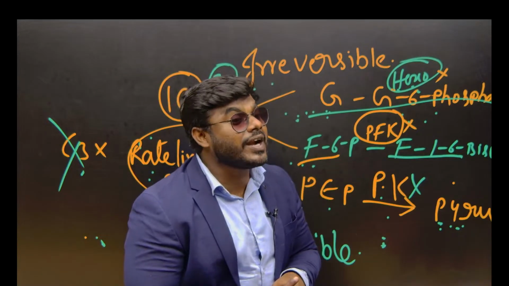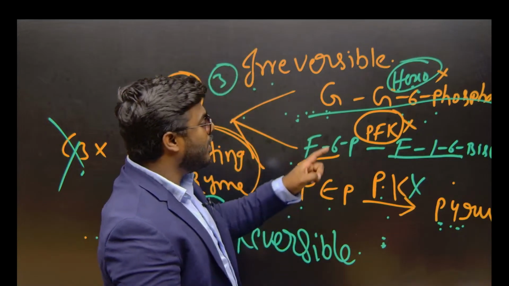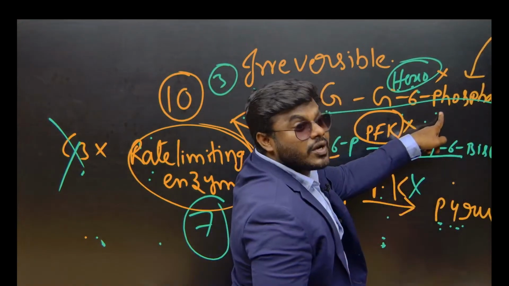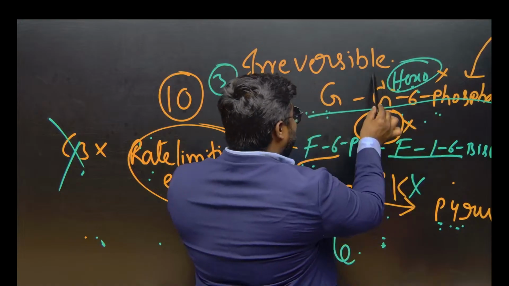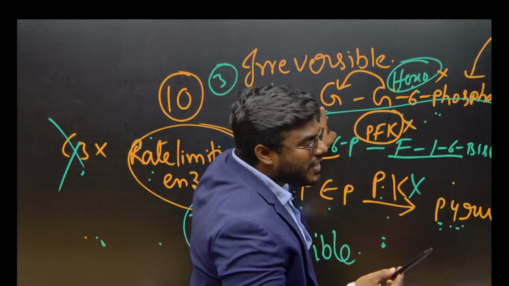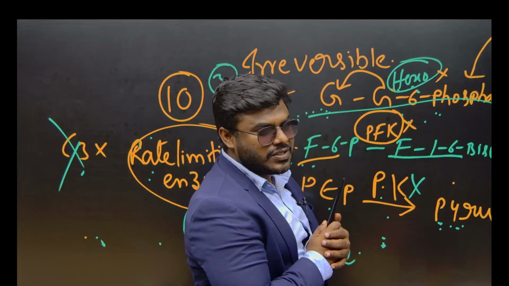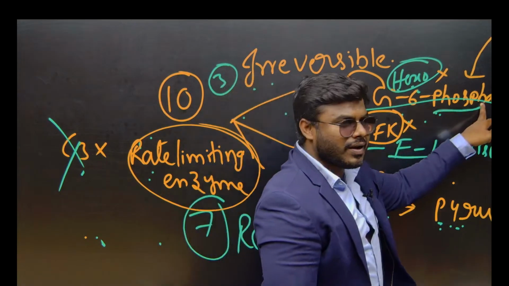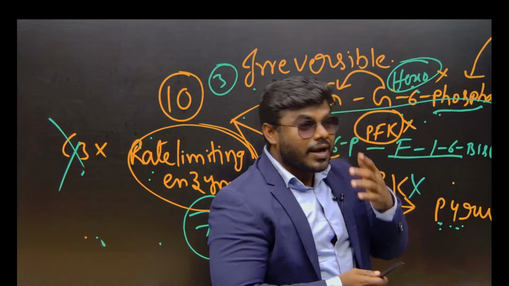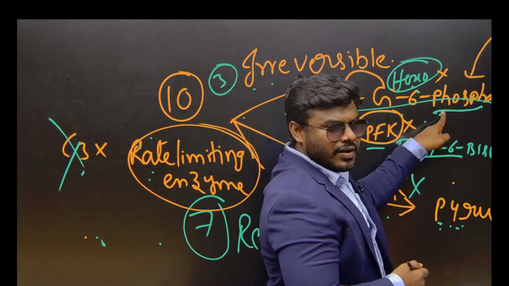The stored glycogen breaks down into glucose 6-phosphate, then glucose. You are getting the point. So how does glucose 6-phosphate convert into glucose? By removing the phosphate. Who will remove it? Phosphatase. Remember, kinase adds it, phosphatase removes it.